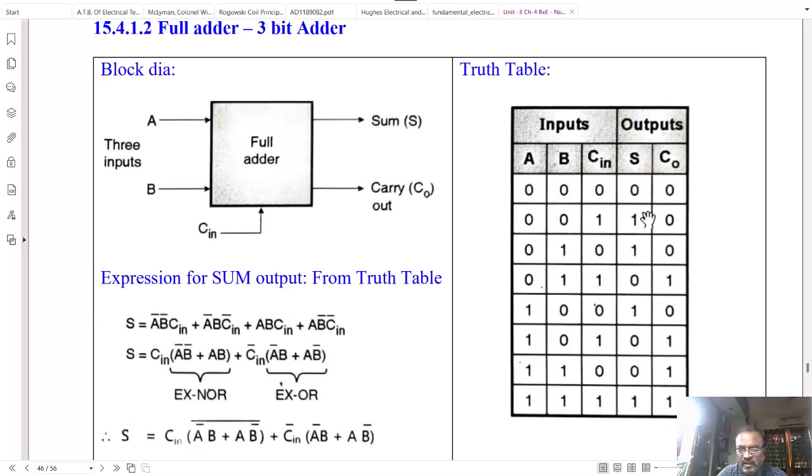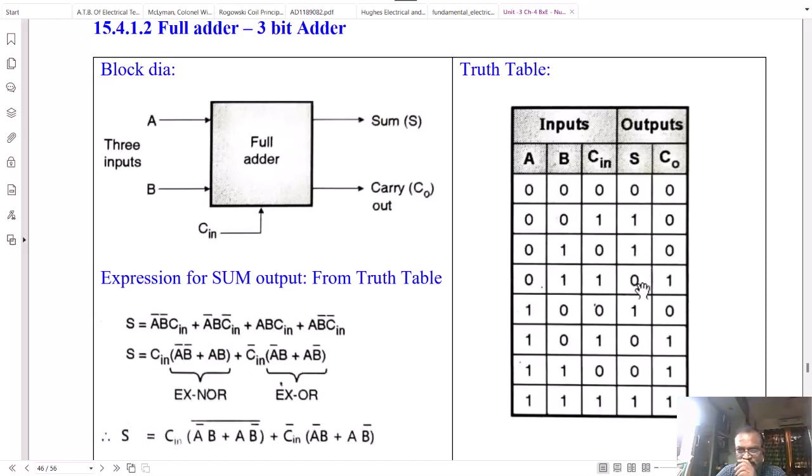Now if you want to write the expression for the outputs, then as usual we will use the common logic, in which we will drop the rows corresponding to 0 present in the output. Let us consider the sum column.